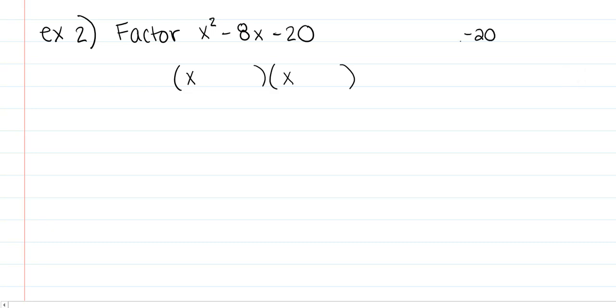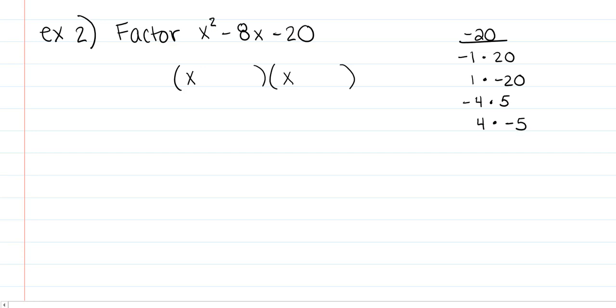Next up, where is this -20 coming from? Again, there's a lot of possibilities, so let's start listing some out. First of all, I notice it's negative, so now I need -1 times 20, +1 times -20. Let's see, -20, so 4 and 5, but -4 and +5, or the opposite, +4 and -5.